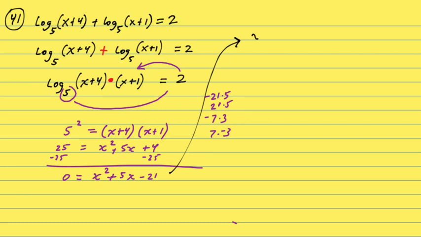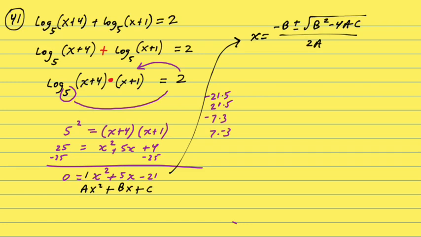So, if you don't remember it, here it is again from Algebra 1: negative b plus or minus square root b squared minus 4ac, the entire thing divided by 2a. Remember that a is 1, b is 5, c is negative 21. So when I fill this in, negative b means negative 5, plus or minus square root of 5 squared, which is 25.